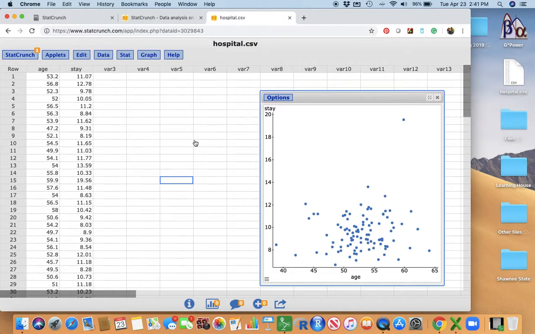So in terms of the scatter plot, I see a weak, somewhat linear, gosh, a little bit positive.